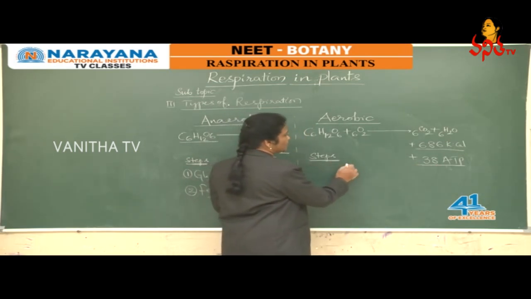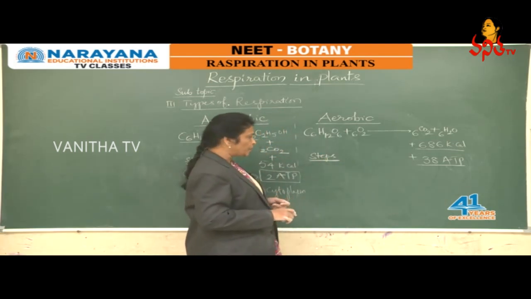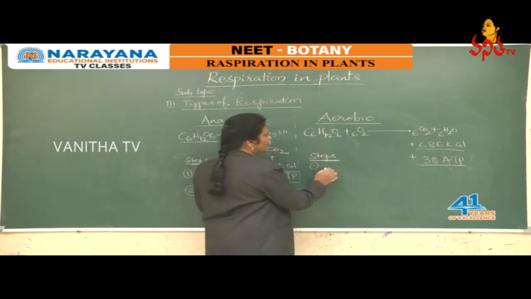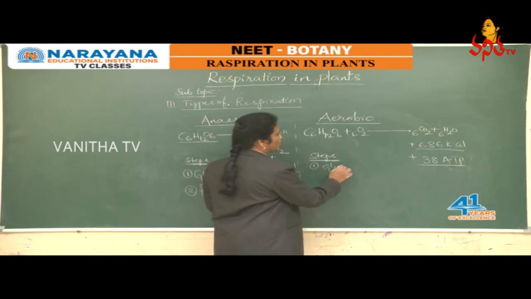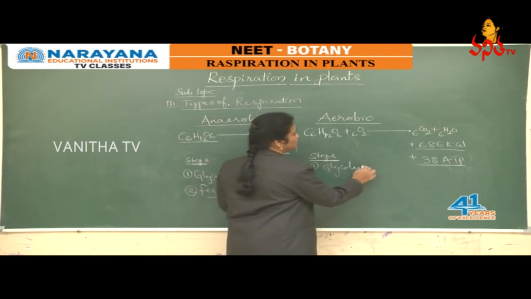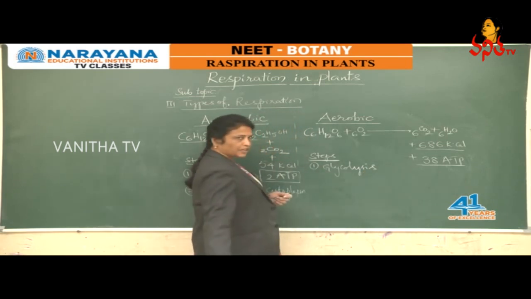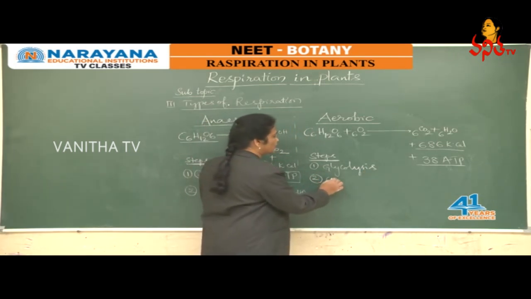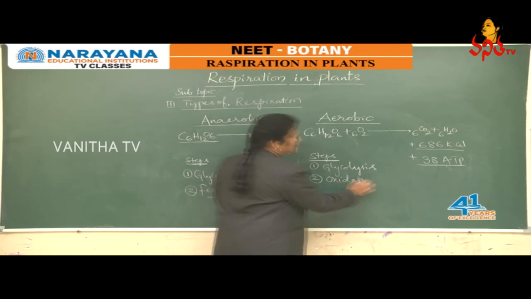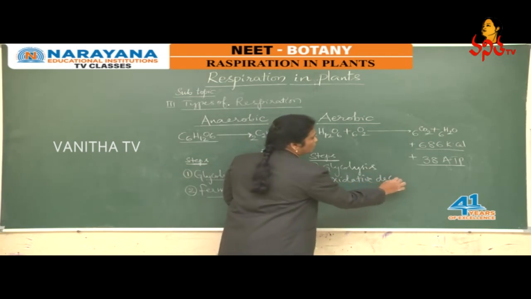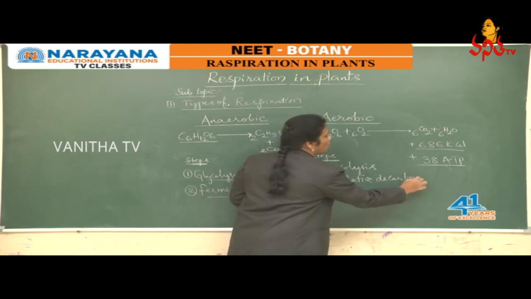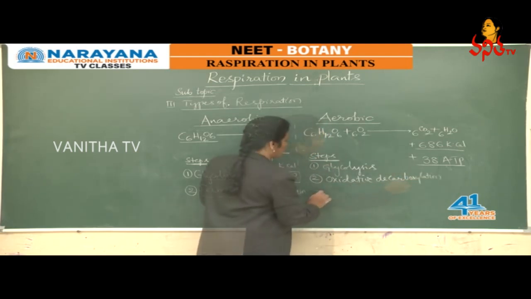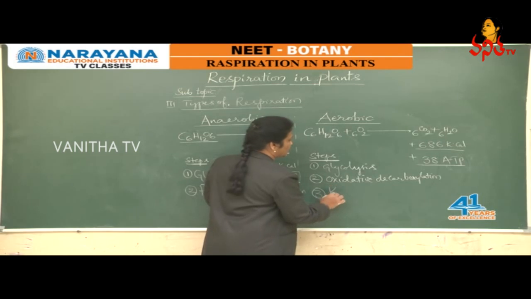Now coming to the steps involved in aerobic respiration, and of course any kind of respiration starts with glycolysis. So glycolysis is the first step of aerobic respiration, okay, and next we follow oxidative decarboxylation, in other words called the link reaction, and the next step is the Krebs cycle.